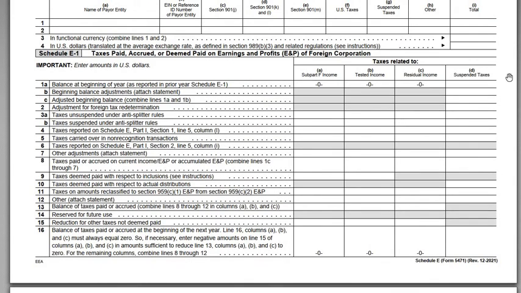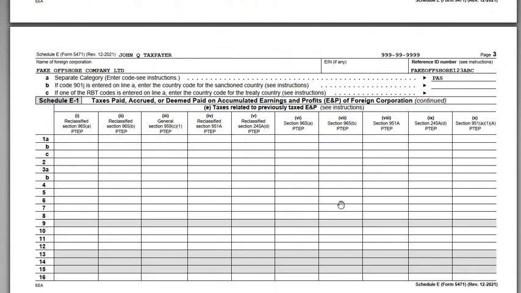Column E would be over here on this side next to suspended, but because it's got so many additional categories, you can see here, taxes related to previously taxed E&P or PTEP, and then column E is broken out into all these subcategories. So to the extent you have foreign taxes paid that are being allocated across one of these income groups, in our case, we do have Section 951A(a)(1)(A) PTEP, but again, we didn't have any foreign taxes paid.